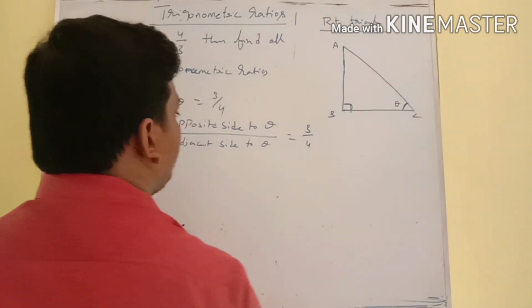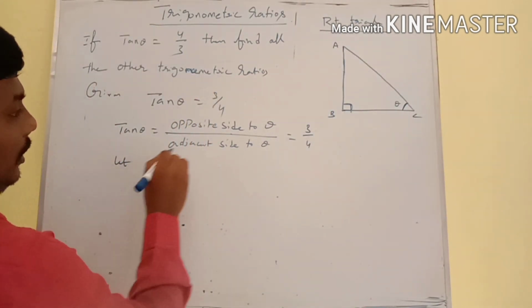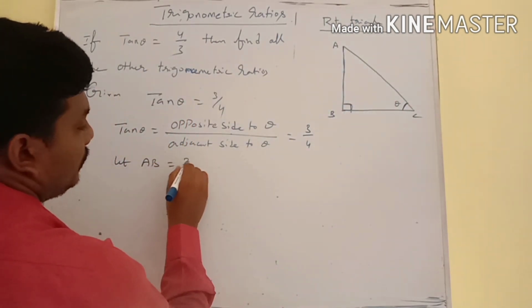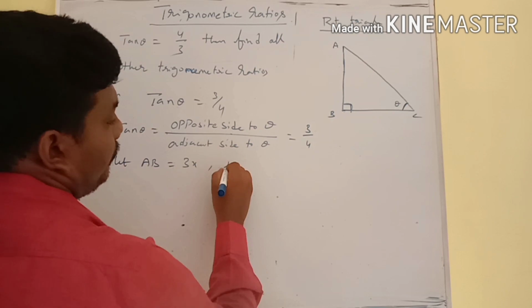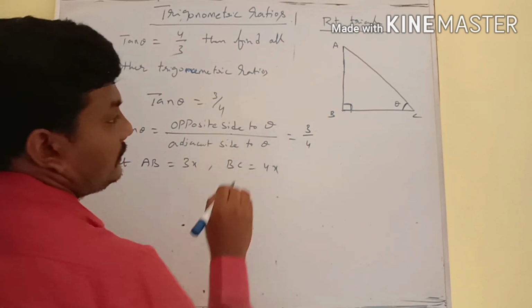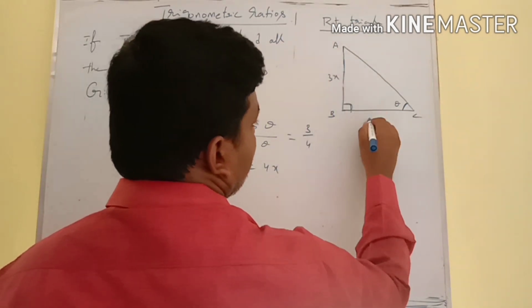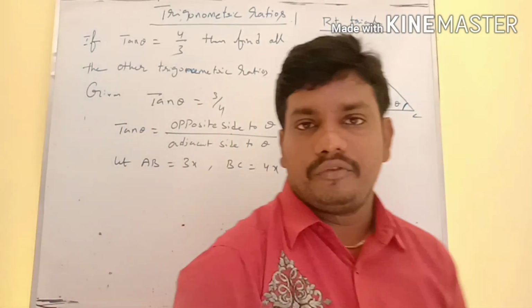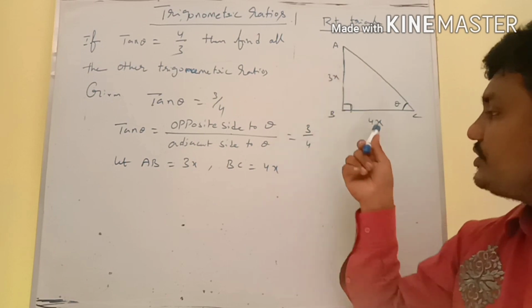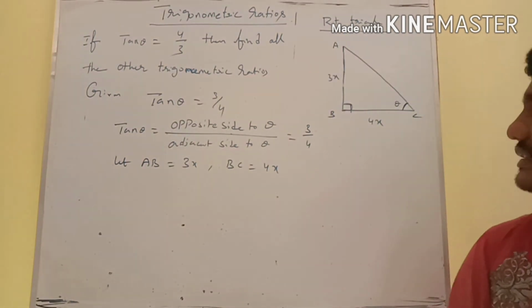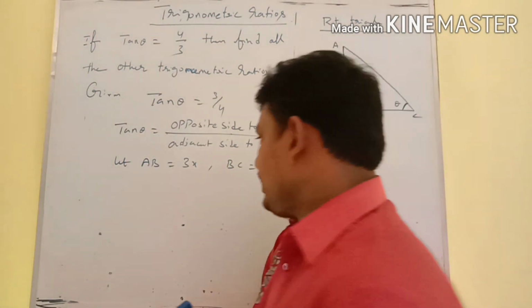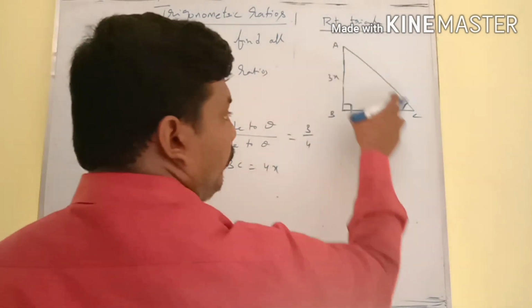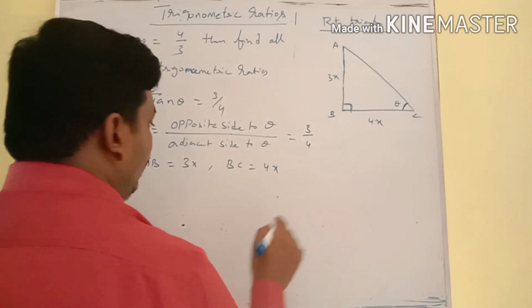Let the opposite side to theta, AB, be 3x, and BC be 4x. Whenever the ratio is 3:4, the sides will be 3x and 4x.